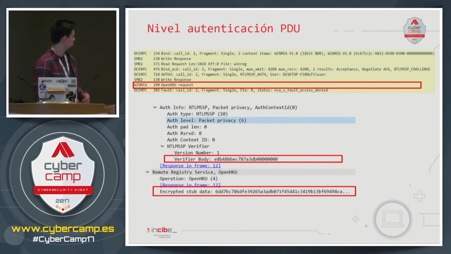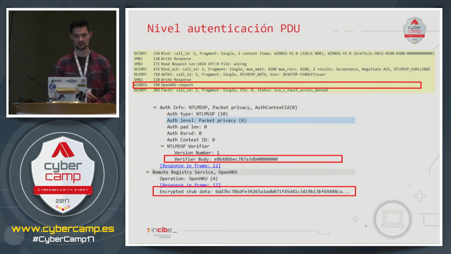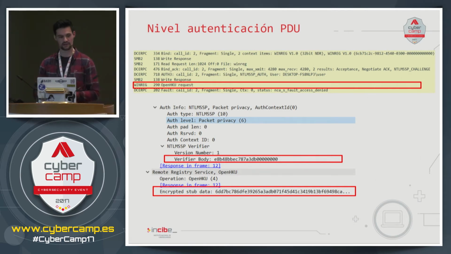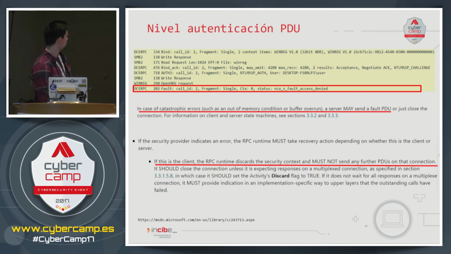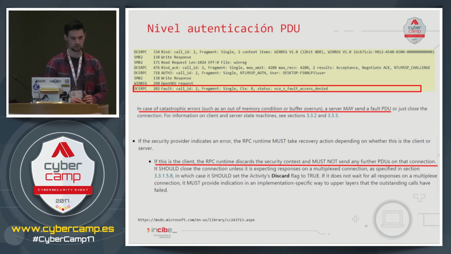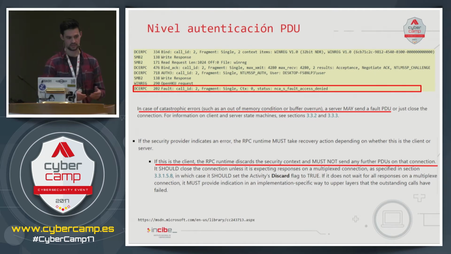There we see the open key, and we confirm what we had previously. And we can see that there's a signature for the whole package, and everything is encrypted. In this case, we can't modify anything. Let's carry on. A fault is sent. What does the MSDN say to us when there's a fault in the context?